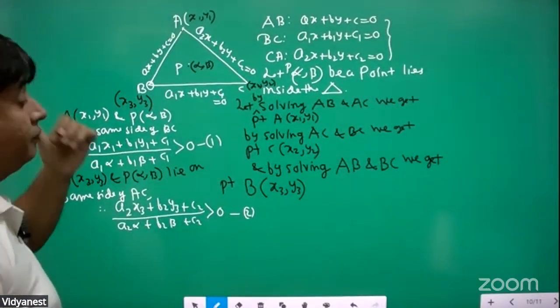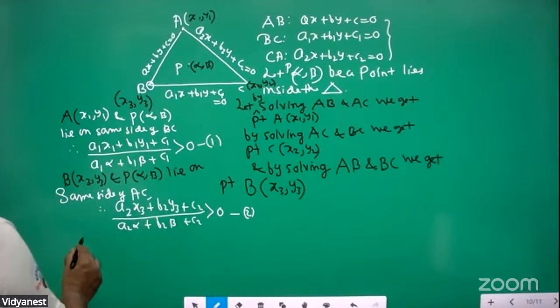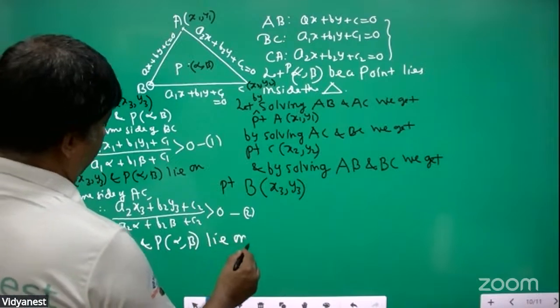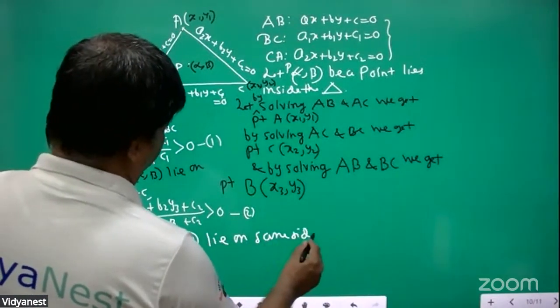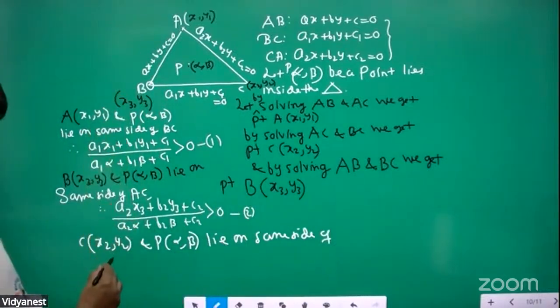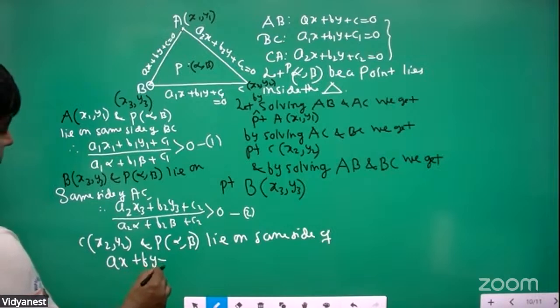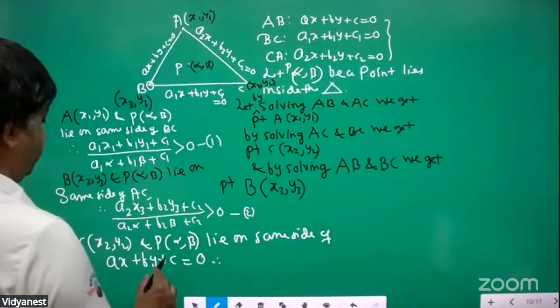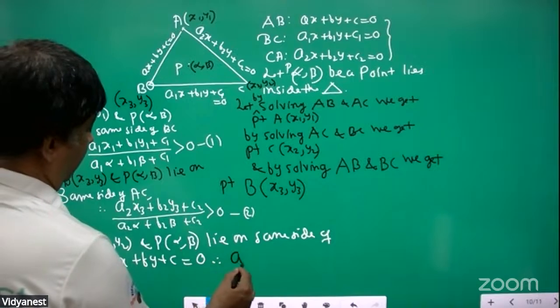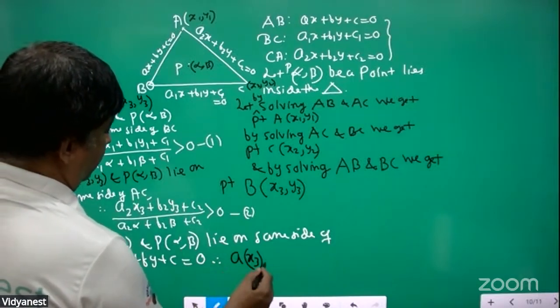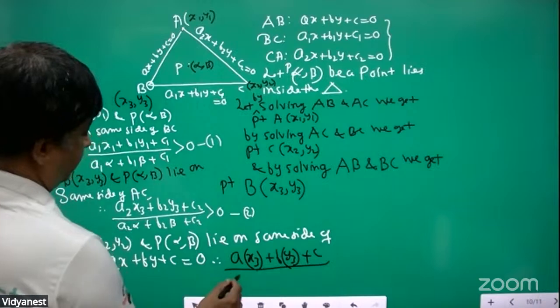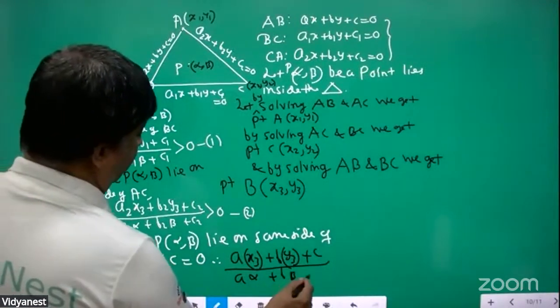Now, C (x2, y2) and P (alpha, beta) lie on the same side of AB, therefore A x3 plus B y3 plus C by A alpha plus B beta plus C is greater than 0.